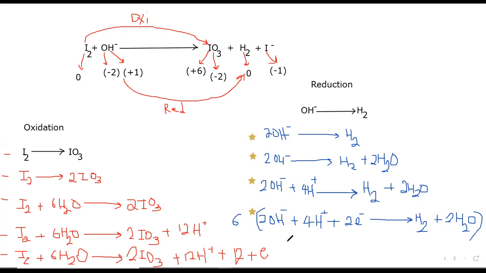So that we finally have 12OH minus plus 24 hydrogens like that.